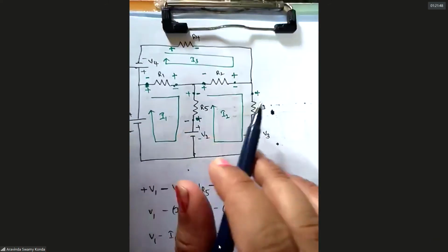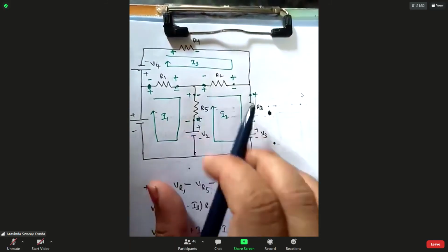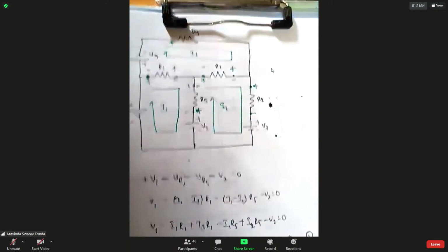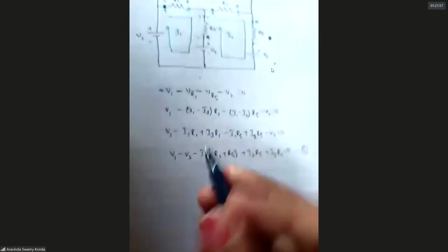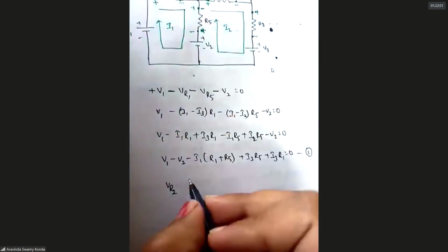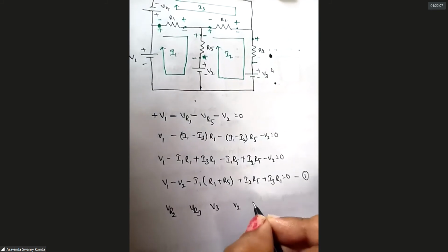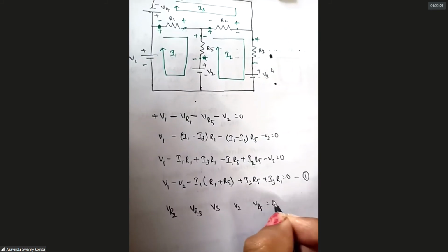So R2, R3, V3, V2, R5, five elements are there. So write the drops: VR2, next VR3, next V3, next V2, next VR5 equal to 0.